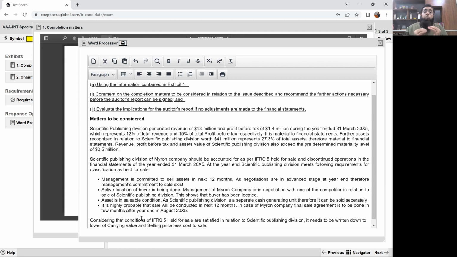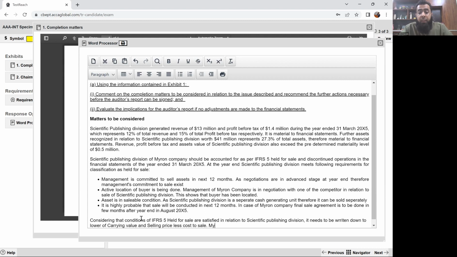Okay, when we impair it according to IFRS 5, we ignore value in use. So when the conditions of held for sale are satisfied, we write down the asset to the lower of carrying value and the sale price less cost to sell. We stop the depreciation from that date and we classify that group of assets in current assets. So apparently the management has not done these treatments.